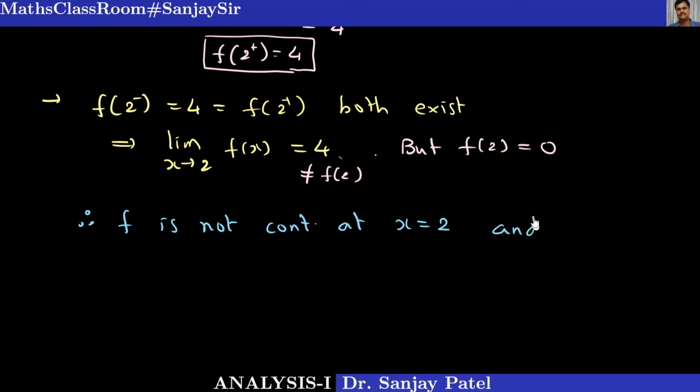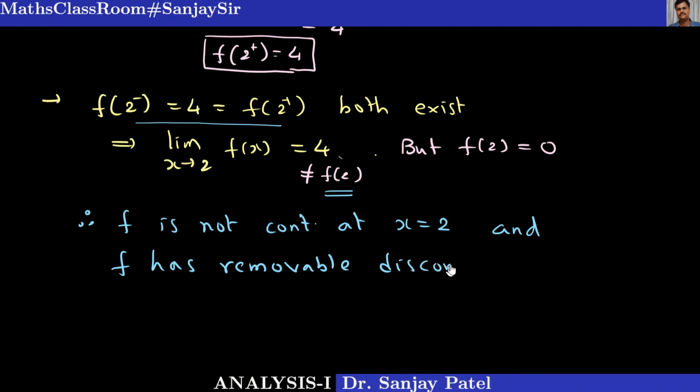And what kind of discontinuity is this? Both f of a plus and f of a minus exist. This is the thing, but they are not equal to the value of the function at a. So the discontinuity is a removable discontinuity, and f has a removable discontinuity at x equal to 2.